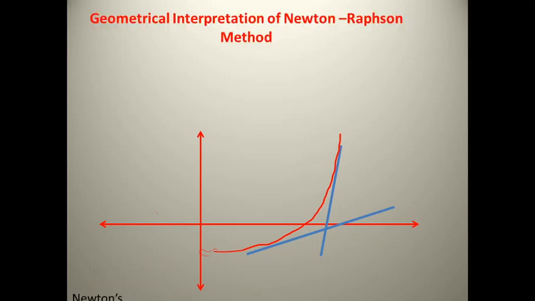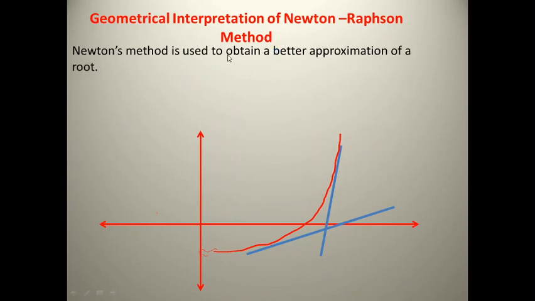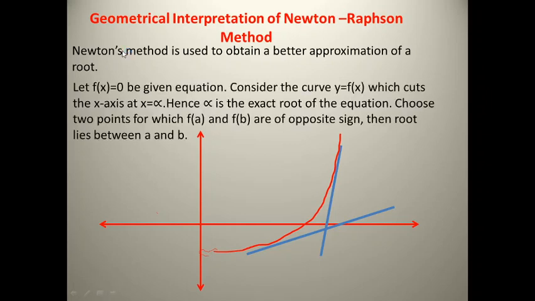Now let's see what the geometrical interpretation of the Newton-Raphson method is. The Newton-Raphson method is used to obtain a better approximation of the root. Let f of x equal to 0 be the equation given. Here we will consider the curve y equal to f of x. This is the curve y equal to f of x, which cuts the x-axis at this point, which according to the definition of the root is nothing but the exact root.